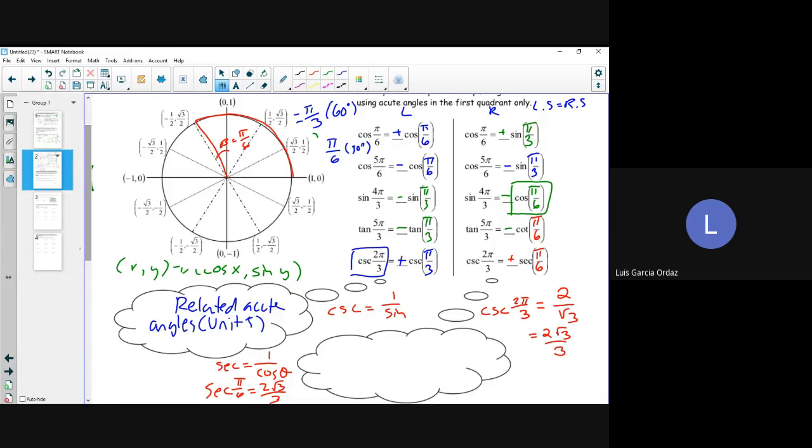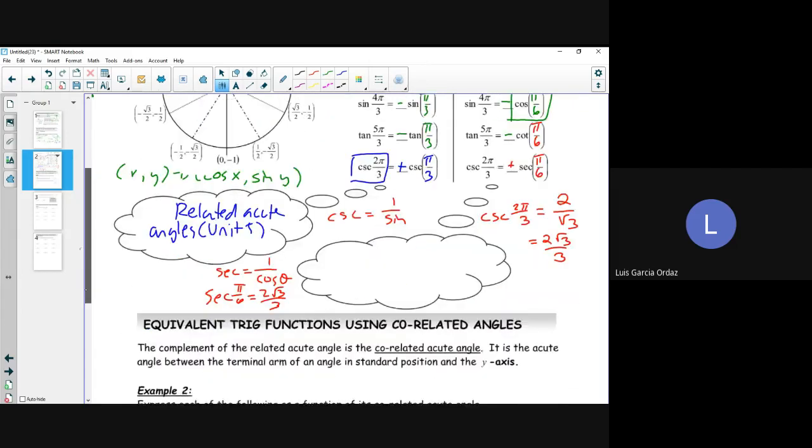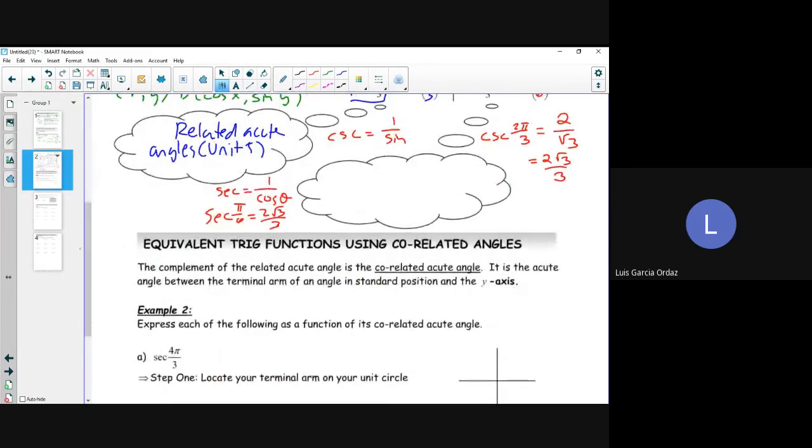So basically, the x value in the unit circle is represented by the cosine ratio, and the y value in the unit circle is represented by the sine ratio. So I'm just going to write it here.